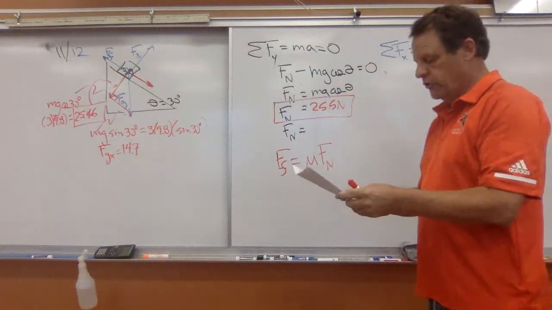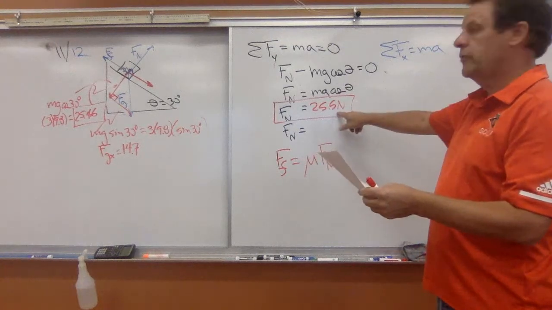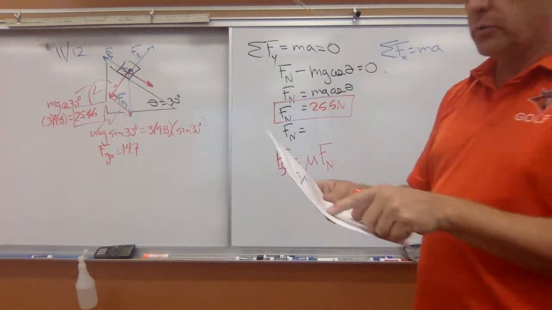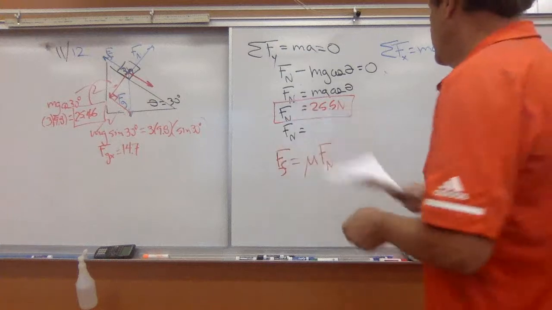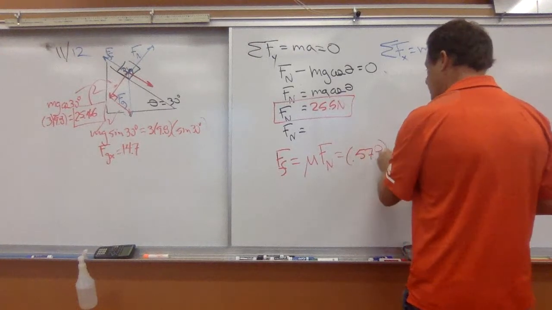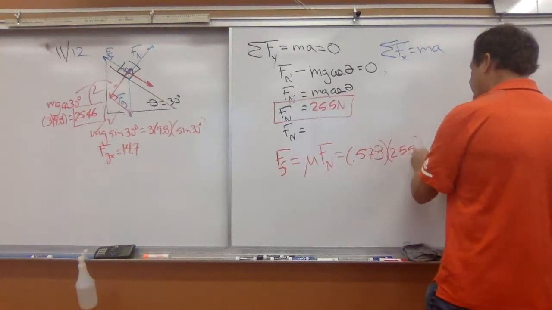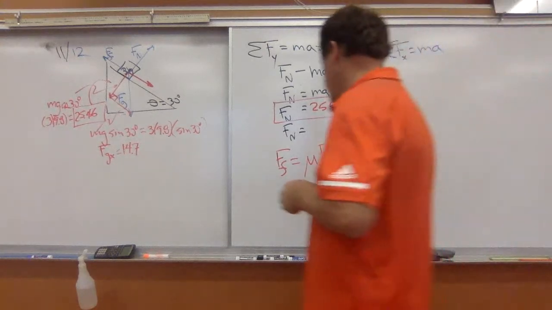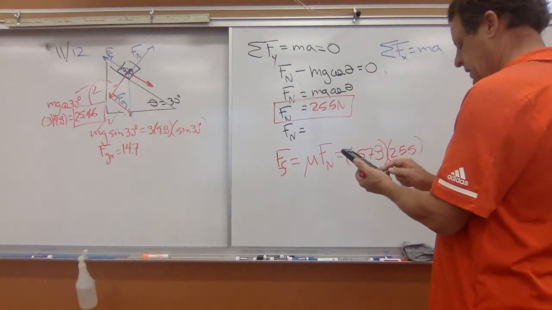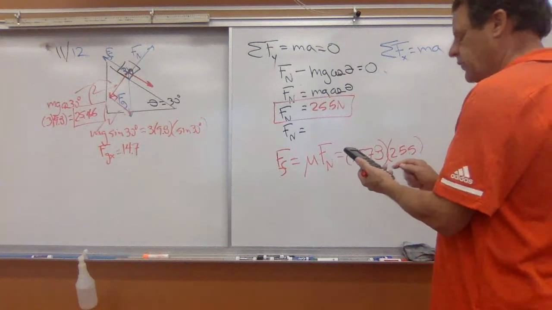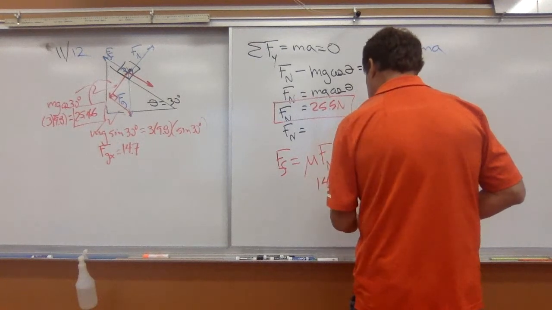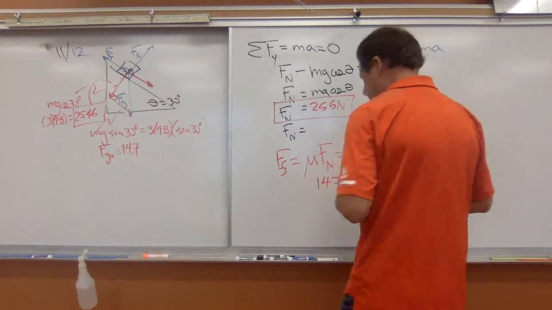We know our normal force is 25.5, and we know that our coefficient is 0.578. So plugging that in, 0.578 times 25.5 is equal to 14.74 newtons, and that is our force of friction.